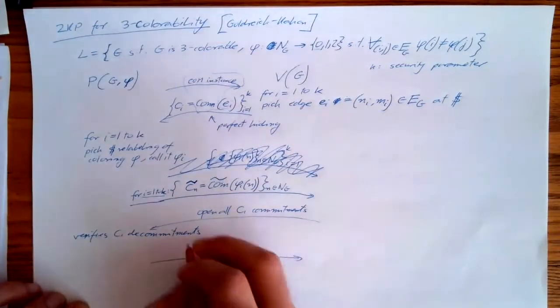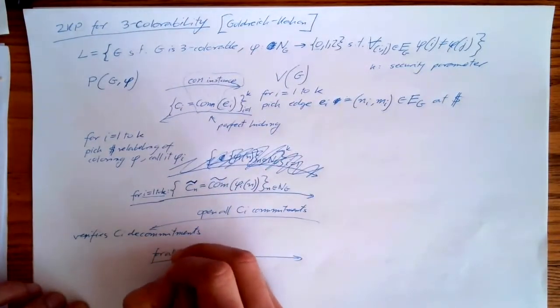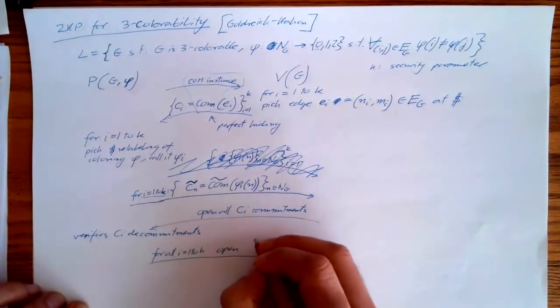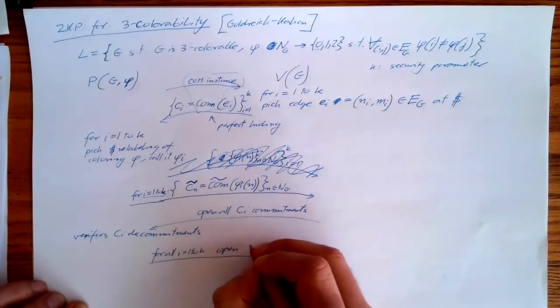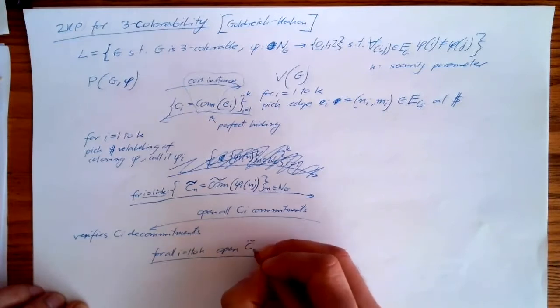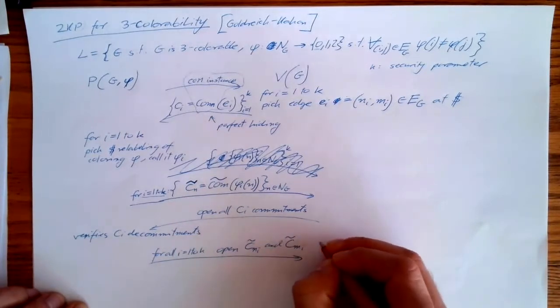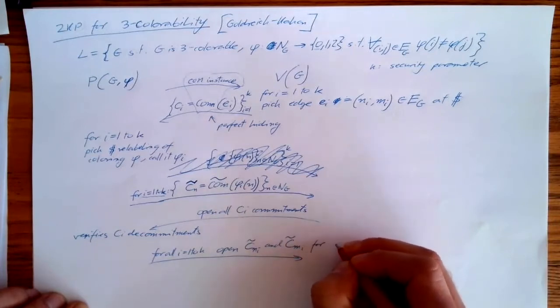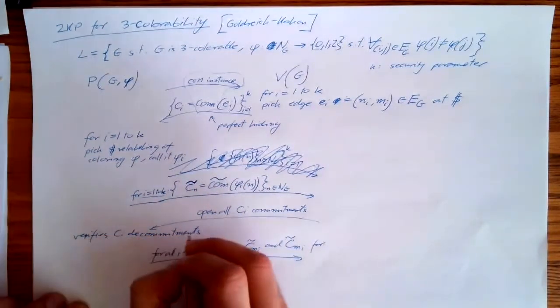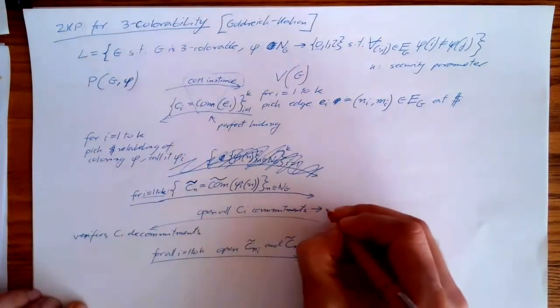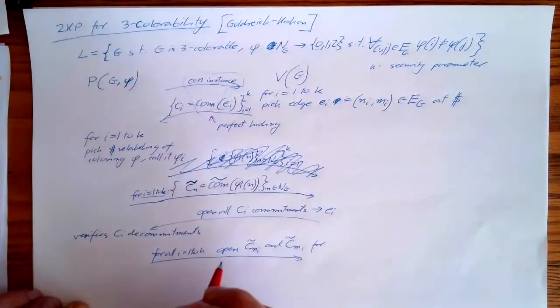The prover needs to, for all I, open C N I and C M I. So the verifier opens all the commitments, open to what? To some set of edges E I.